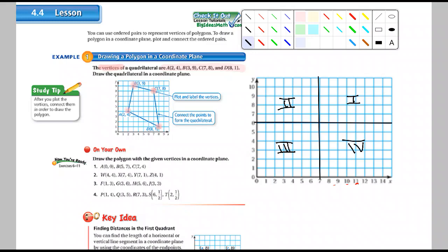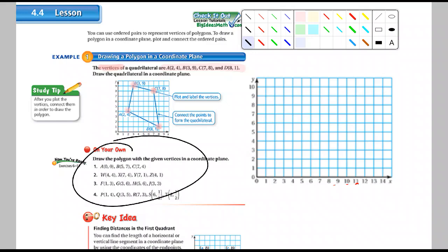The reason why I have them divided into 4s is because that was a handout that I had used when I was teaching algebra and pre-algebra. So there were multiple quadrants. Anyways, just ignore those lines for now, and you're just dealing with 1 quadrant. And what I want you to do is, it says draw the polygon with the given vertices in a coordinate plane.